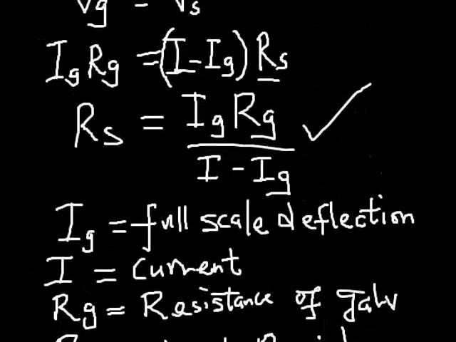So I'll clean up. Let's look at how we can actually construct a voltmeter. So let's say we have a galvanometer G. Then I want it to measure a voltage V of voltmeter.